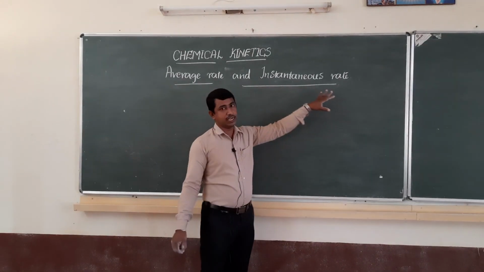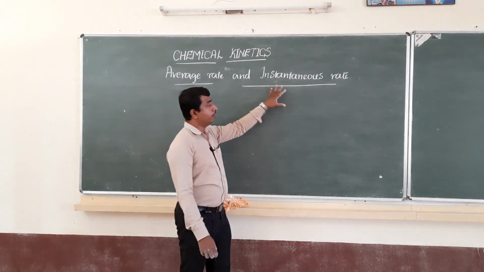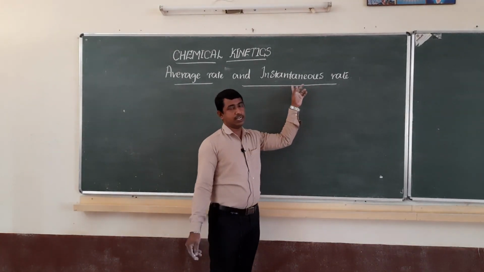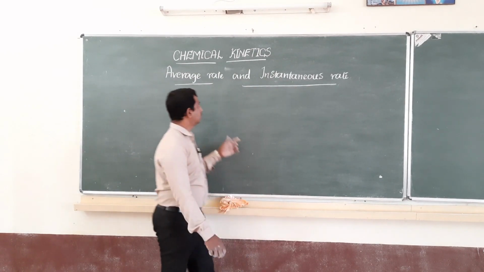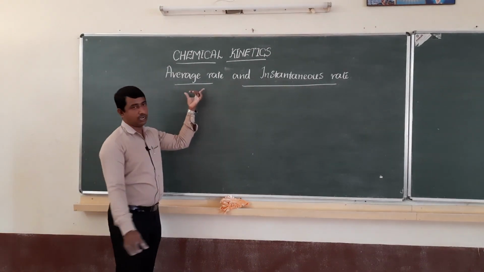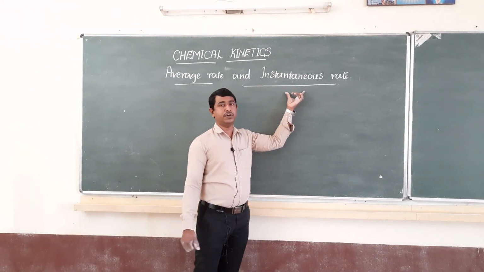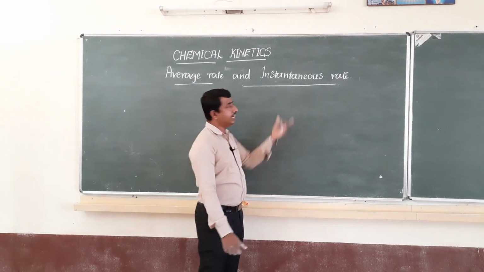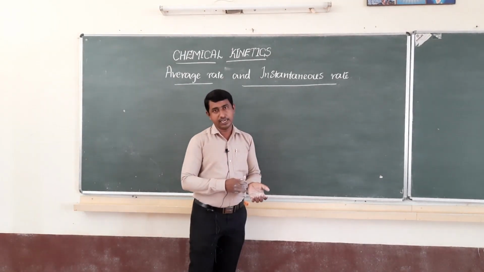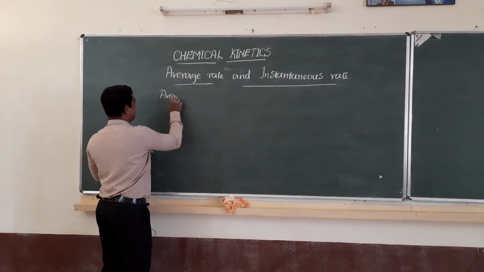Instantaneous rate means rate of the reaction measured at any instant or measured for a smaller time gap. If it is measured for a longer time gap, then it is called average rate. If it is measured for a smaller time gap, then it is considered instantaneous rate.